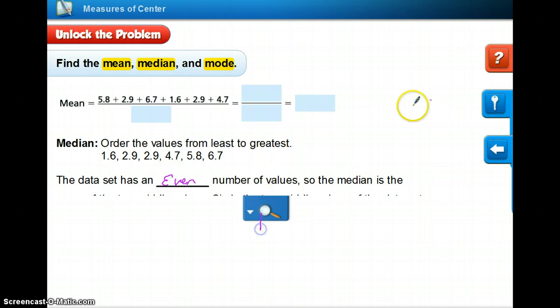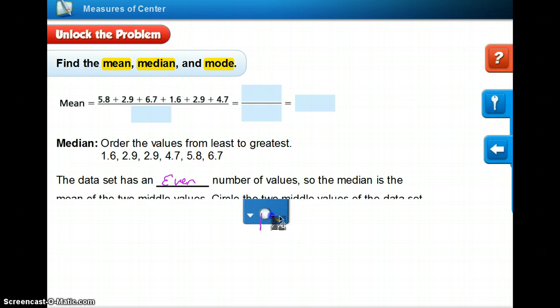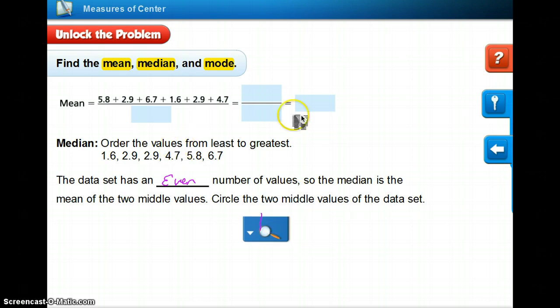So the median is the mean of the two middle values, and we're going to circle those two. If it was an odd number, which we've seen in the past, it would just be the number in the middle, the middlemost. But since there's an even amount, we have to take the average, or the mean, of the two middle ones.